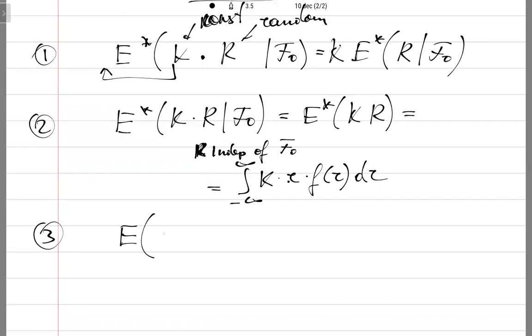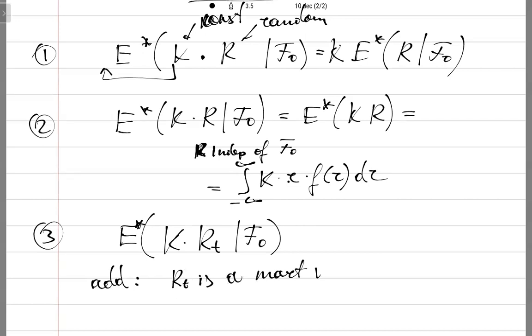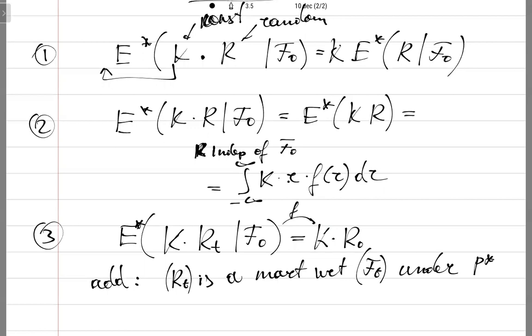If you see that there is K times RT given F0, and you know that RT is a martingale with respect to Ft under P star, then you may immediately say that this is K times R0. And this is very fast.